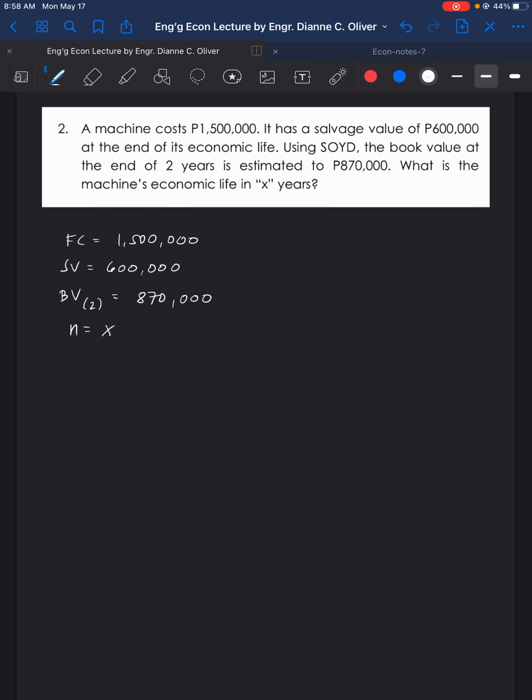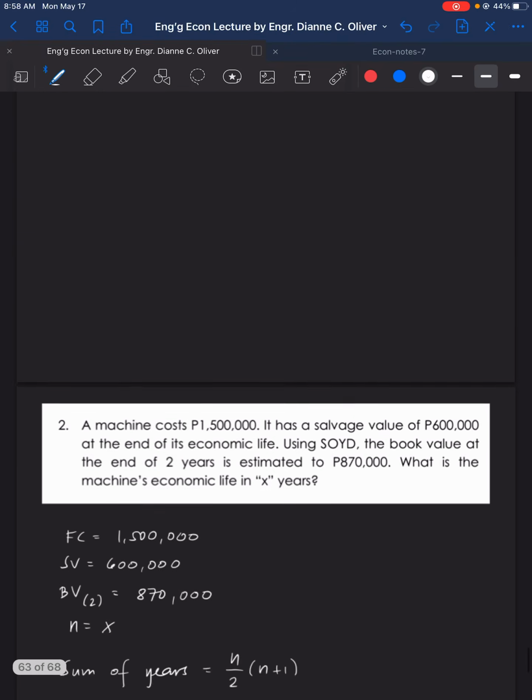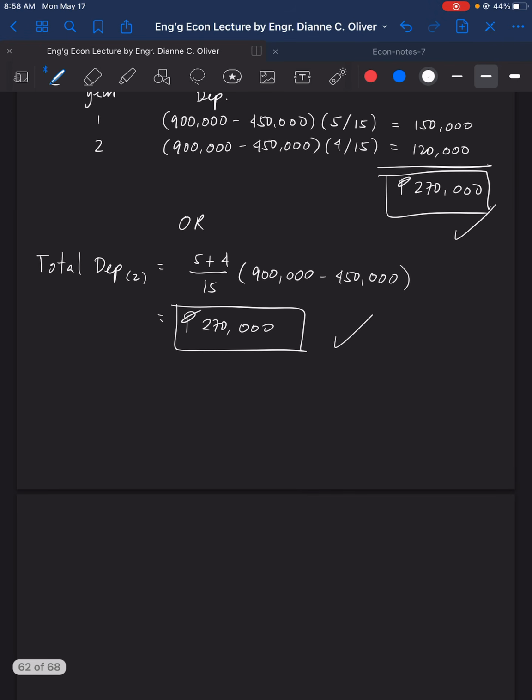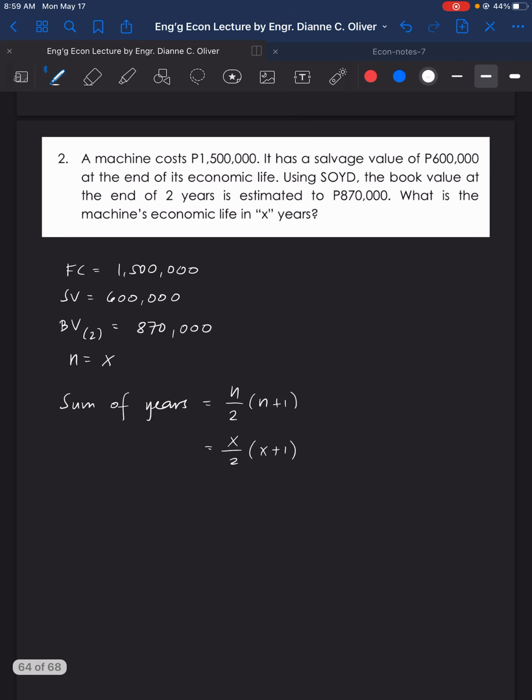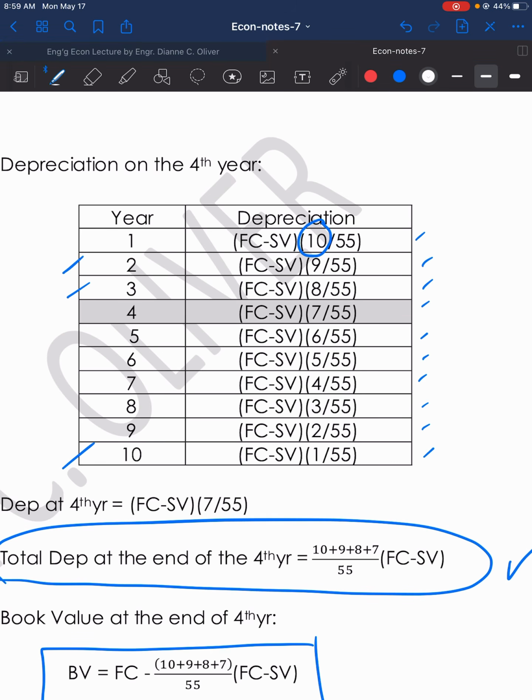Let's compute for the sum of years first. Sum of years is equal to N over 2, N plus 1, and that is equal to X over 2, X plus 1. Okay? So what we did a while ago in the previous example, computing for the total depreciation, we can use it in this example. And since the book value is given, what's the relationship of the book value with the depreciation?